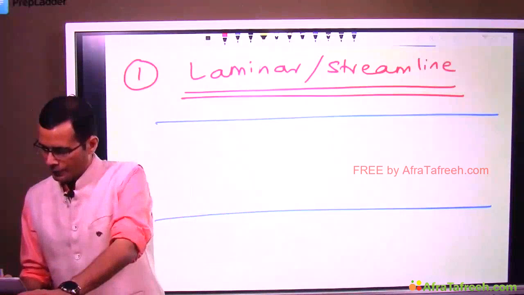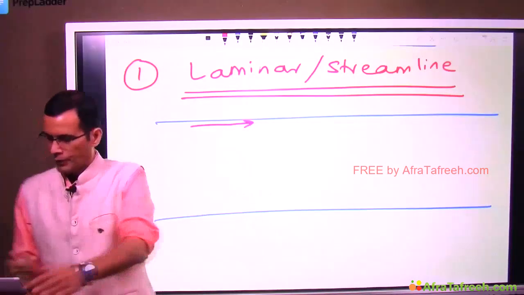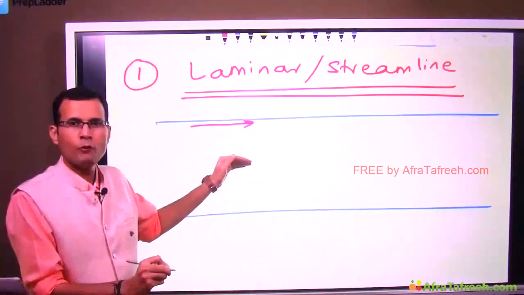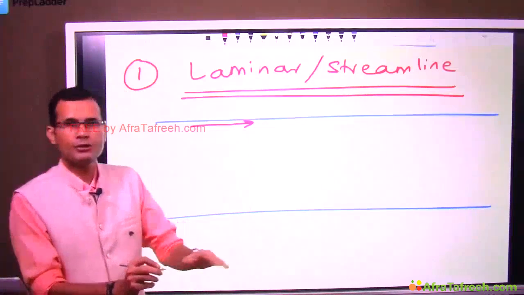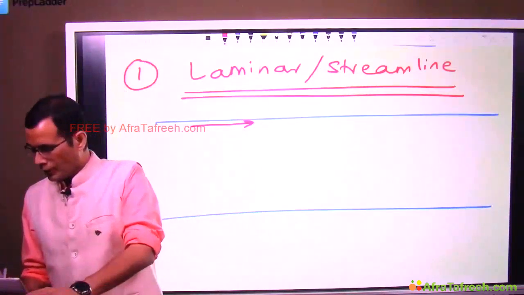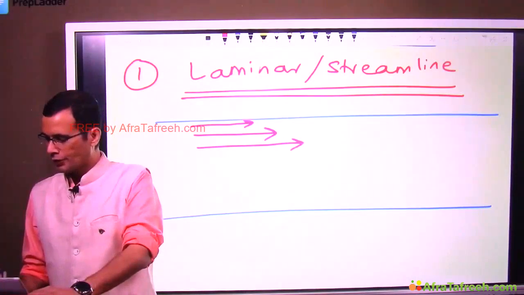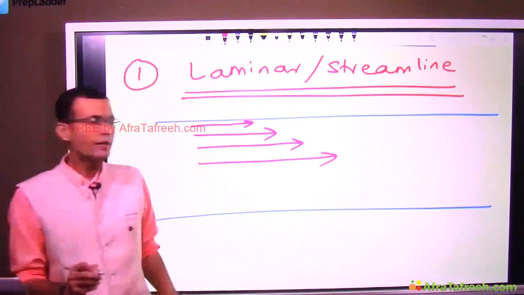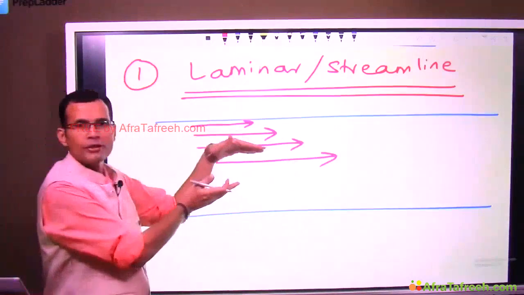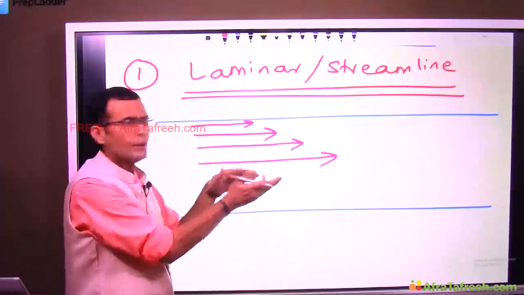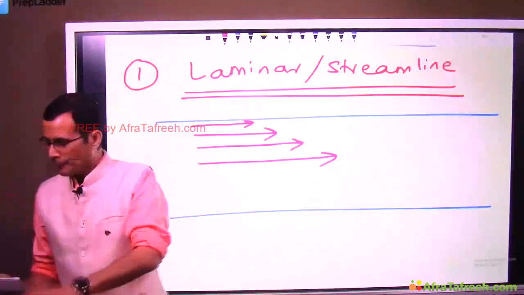The lamina closest to the vessel wall has least velocity. The next lamina has greater velocity. The next lamina has even greater velocity. The central lamina has greatest velocity. So the laminae of blood are slipping over each other.